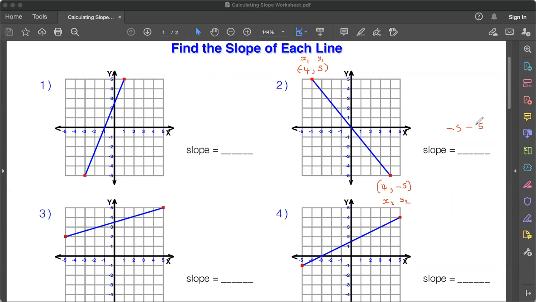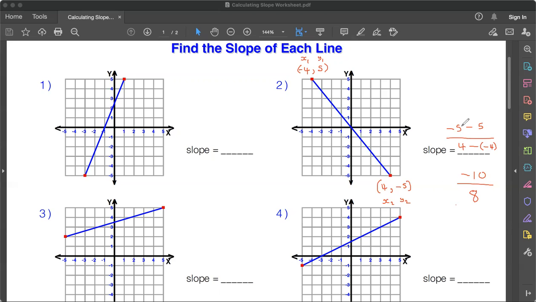minus 5. So you were correct with the -10 on top over, and now it is going to be 4 take away -4. All right, so my answer is -10 on top over 8. That's my answer.